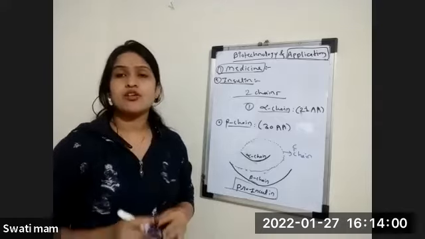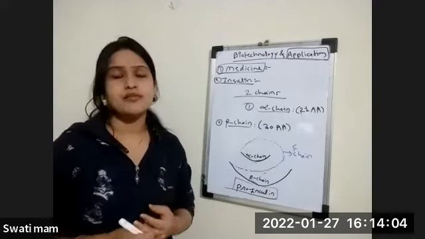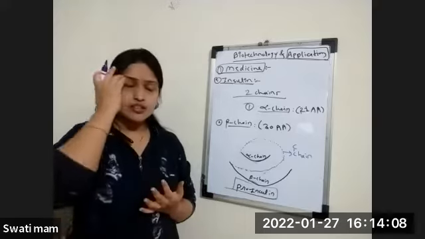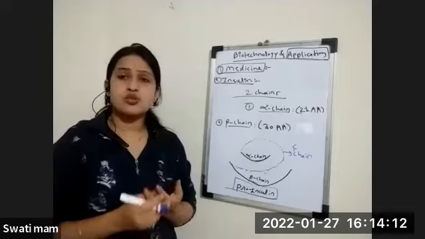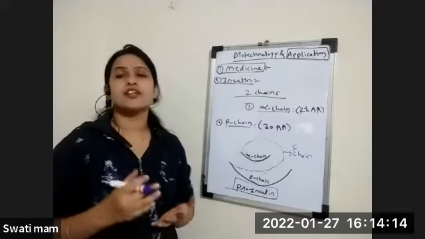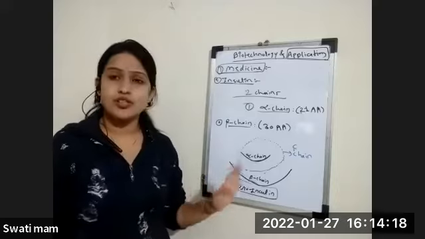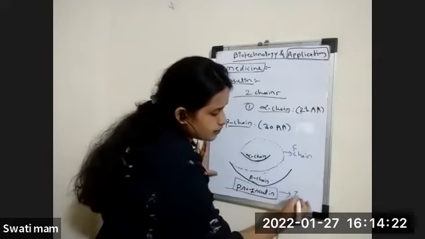Now what is the meaning of inactivated form of insulin? It means the insulin which can't function properly, which can't control the sugar level or maintain the sugar level within the body. That is the proinsulin. Now, how does this proinsulin become insulin?